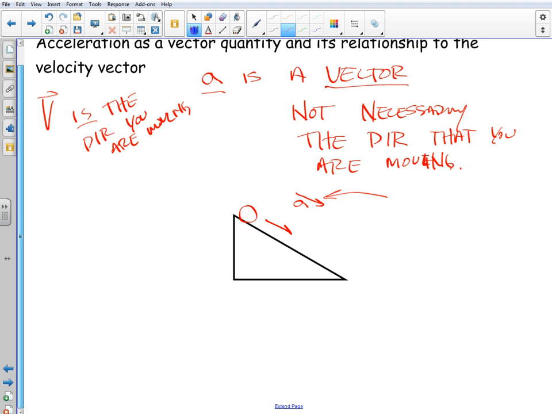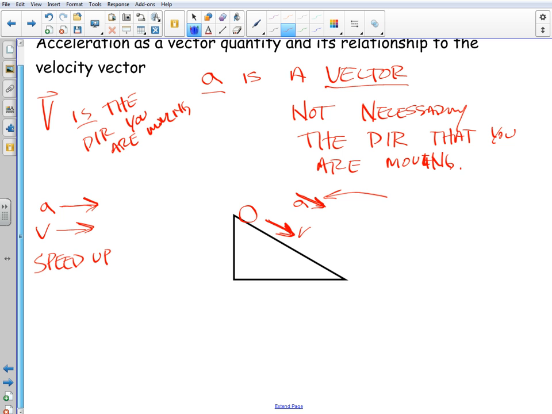It would move this way, which would be its velocity vector. Notice its acceleration vector would be pointed right along with it. That's because if an acceleration vector and a velocity vector are pointed in the same direction, I don't care what direction that is, you will speed up. That's the definition of speeding up. Your acceleration vector is with your velocity vector.